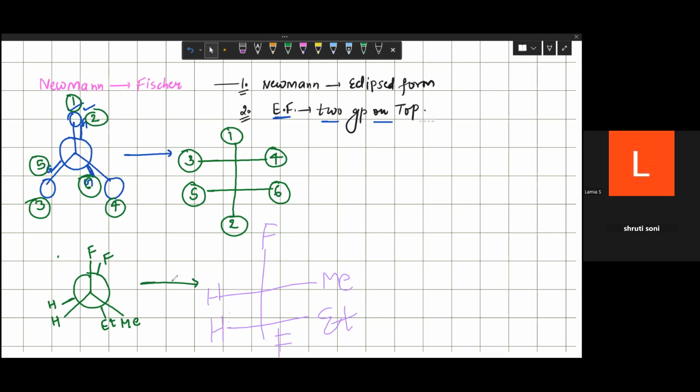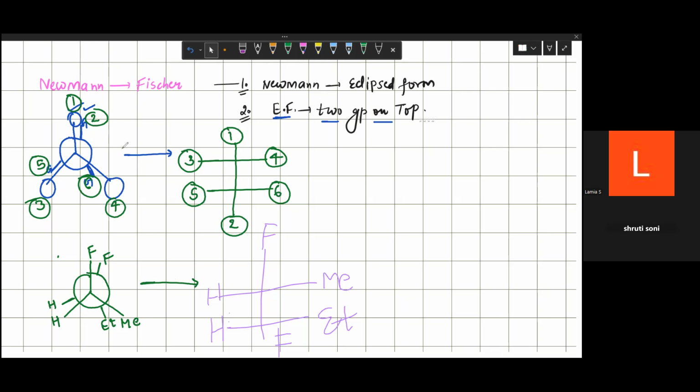Is that correct? Yes, this is correct. So now do you understand how we will convert Newman form into Fischer? Yeah, but definitely need practice.